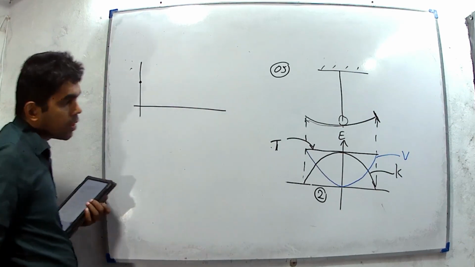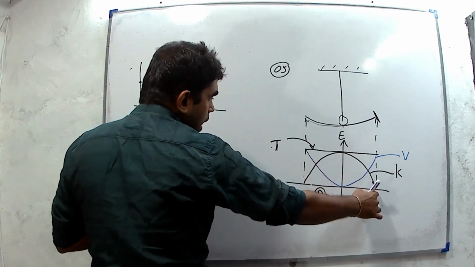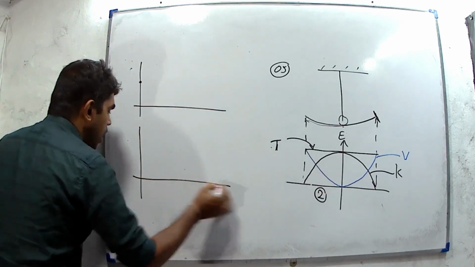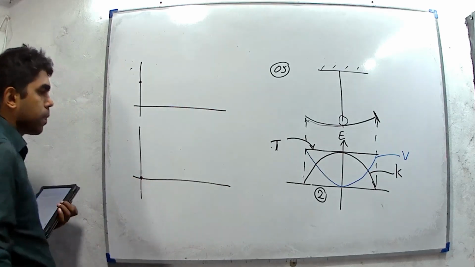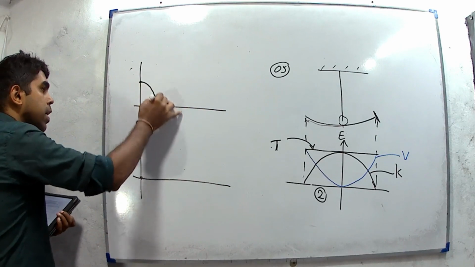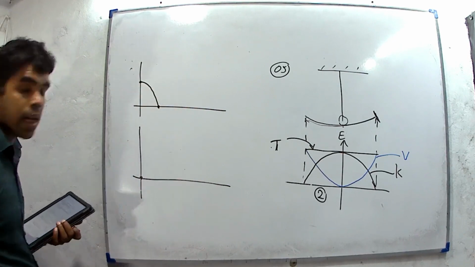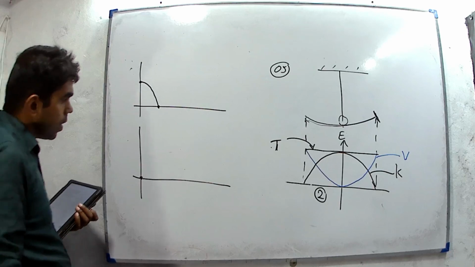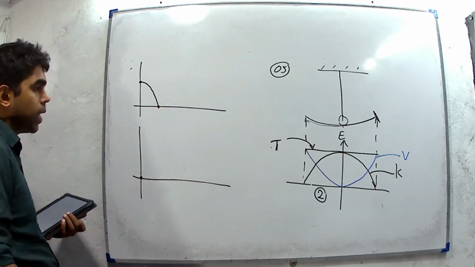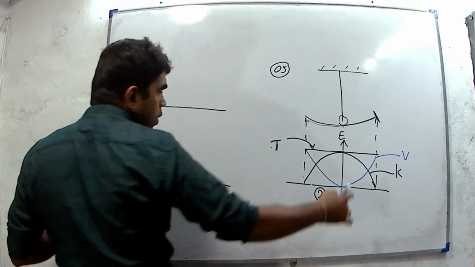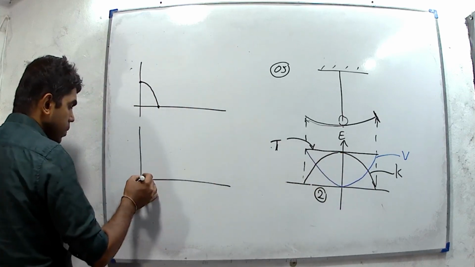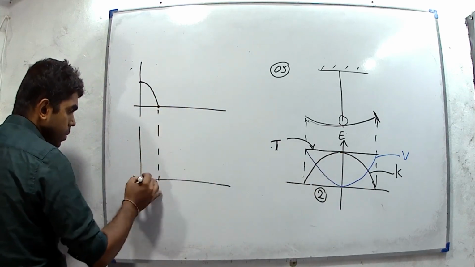And we know that kinetic energy at the oscillating end should be 0. Then kinetic energy should start from 0. And when it returns to the oscillating center, displacement 0 means the oscillating center of the object, kinetic energy should be maximum. Like this.